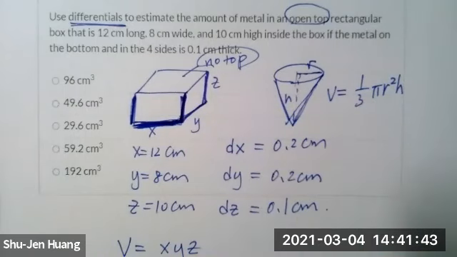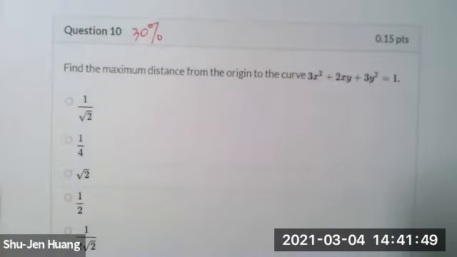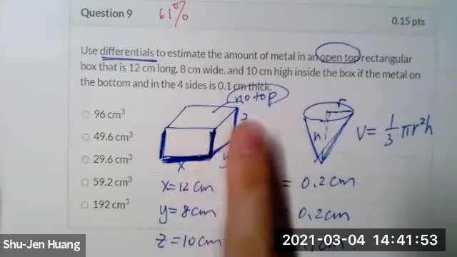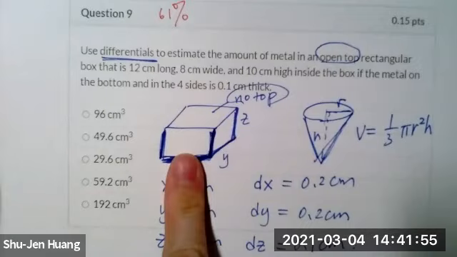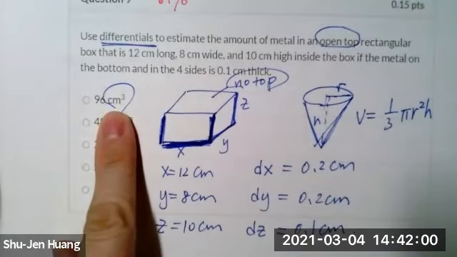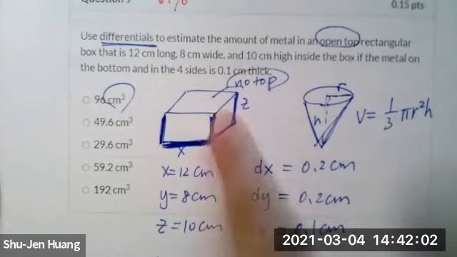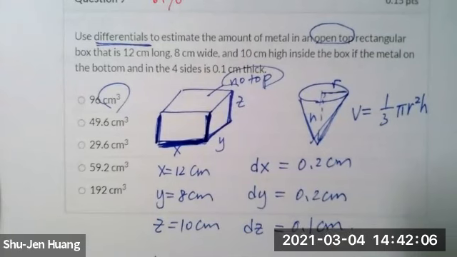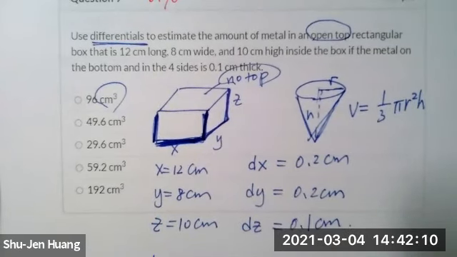All right, is that good? Do we have to know surface area too? Yes, you do need to know the surface area, because this is for the differential. For this one, because it involved the volume, we're asking the volume, so for this one you don't need the surface area, but when we do the optimization, you do.